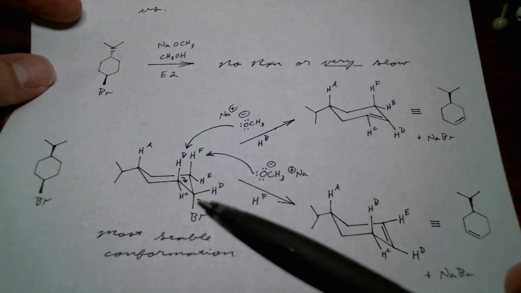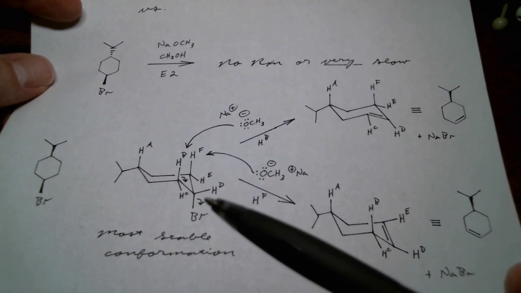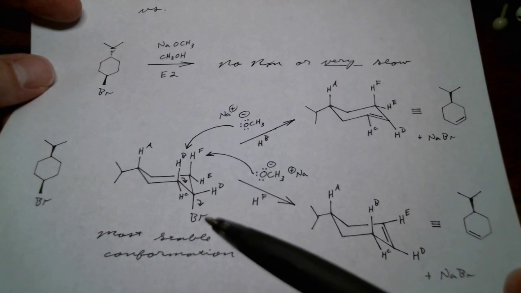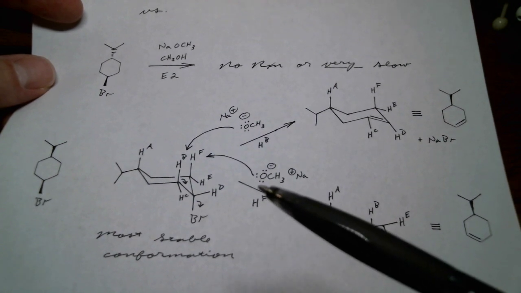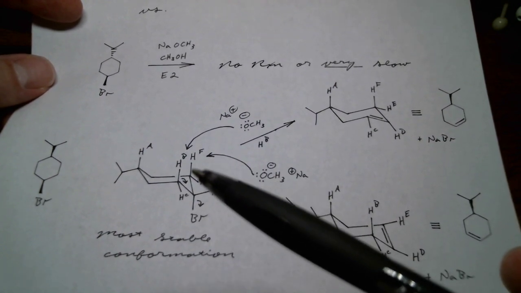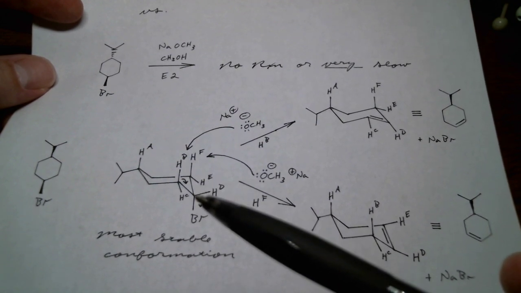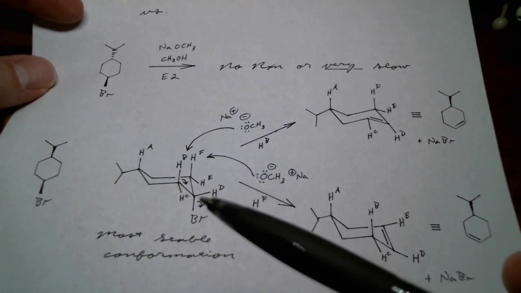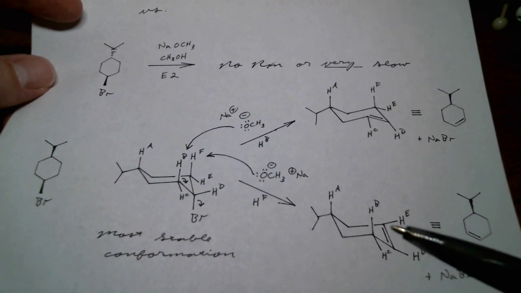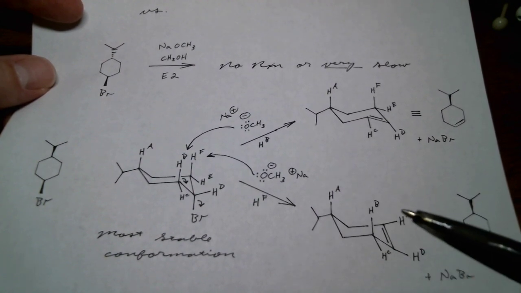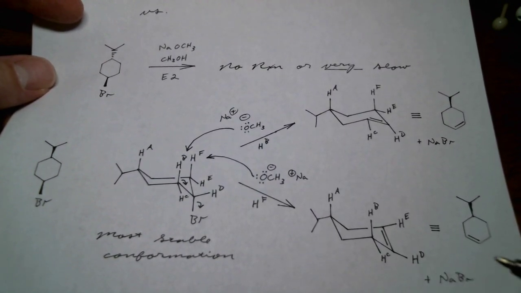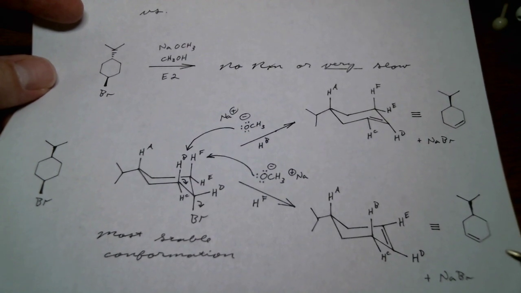on a beta carbon, that is, a carbon adjacent to the alpha carbon, which bears the leaving group. But if our methoxide plucked off HF and we formed an alkene between this beta carbon and this alpha carbon, we'd get this particular cyclohexene ring, which would be the R stereocenter.